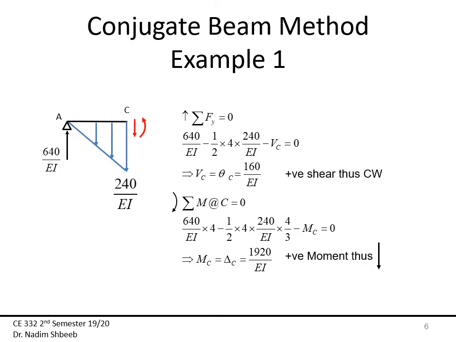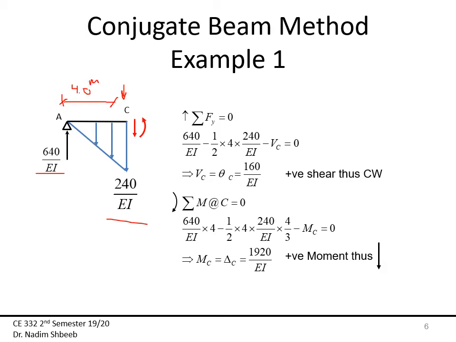So now to get to what I really want, which is my theta C and delta C, I'm going to take a cut section. So I'm taking a section at C. Okay. Here is my reaction, 640 over EI. At C, I have the moment of 240 over EI, and this distance was 4 meters.